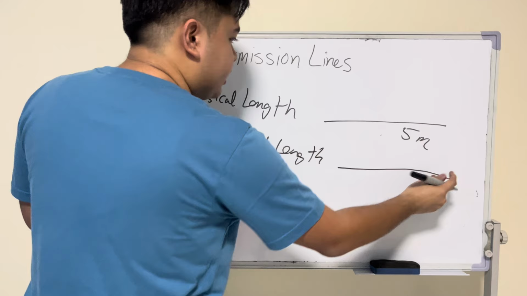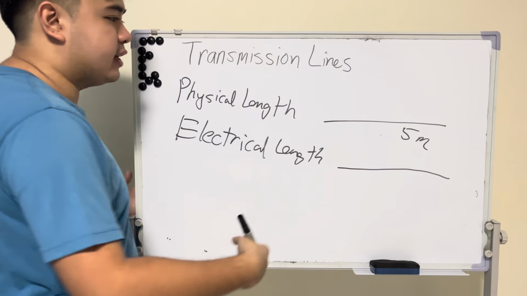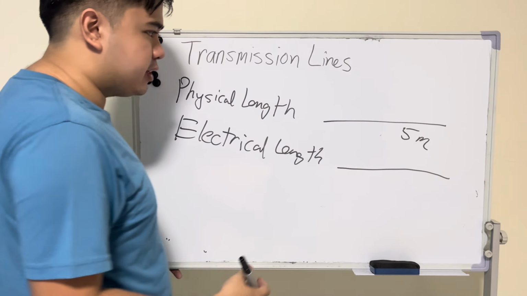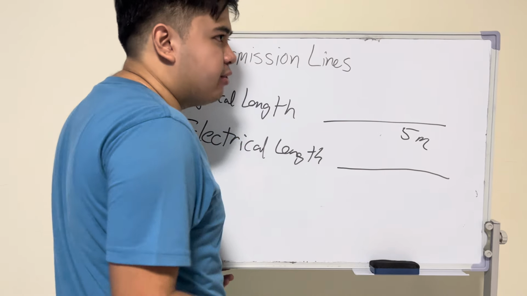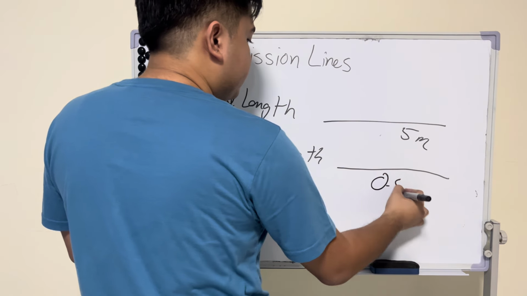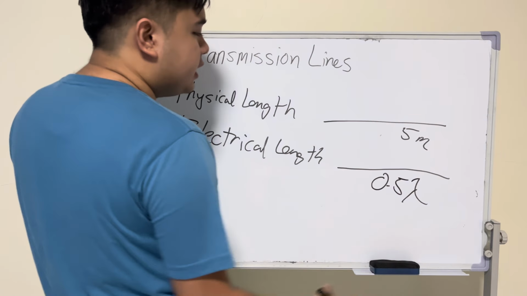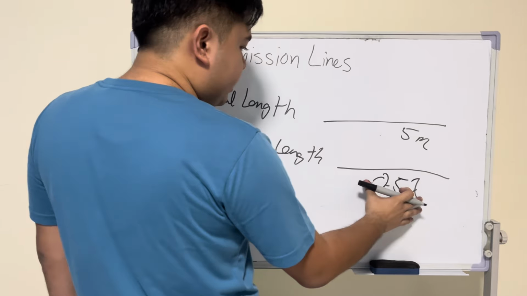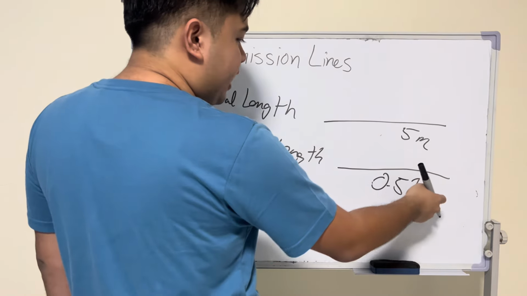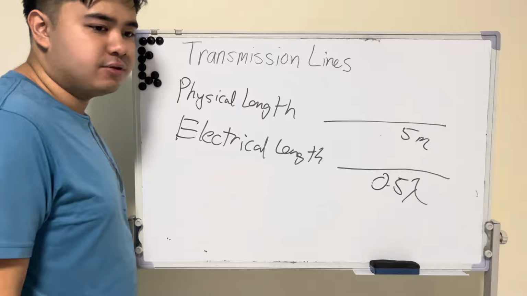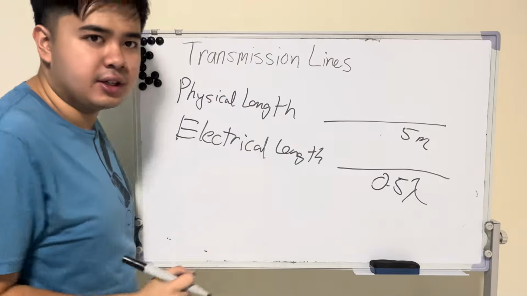And this is essentially the same as physical length, but instead of meters, it's measured in how many wavelengths there are. So for example, this is 0.5 lambdas, meaning that this length is equal to 0.5 times the wavelength of the light that's traversing through it.